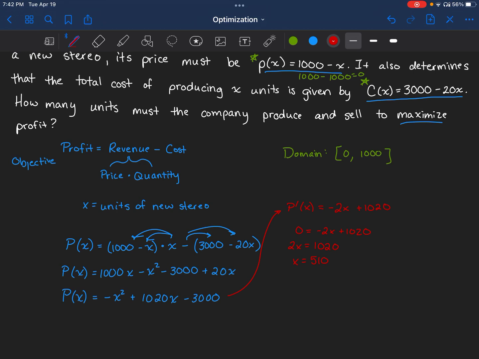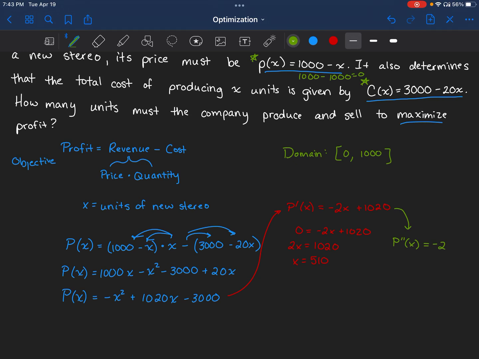I think the second derivative test is actually going to be easier in this situation, just simply because it's a polynomial. So if I come over here, and I'll use green this time, and think about the second derivative, that's just going to be -2 all the time, no matter what the x value is.